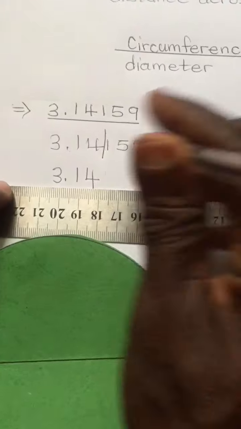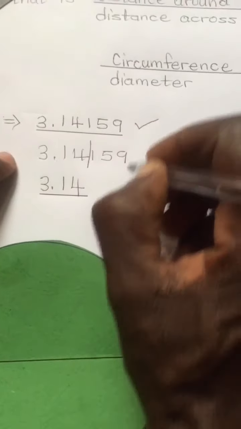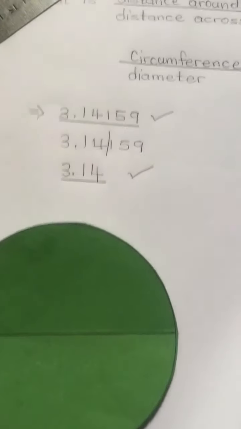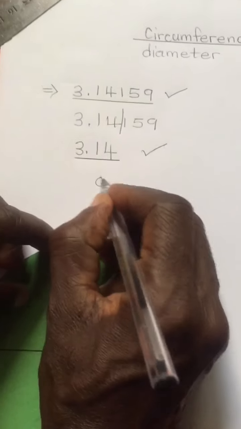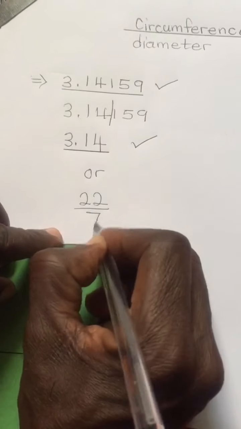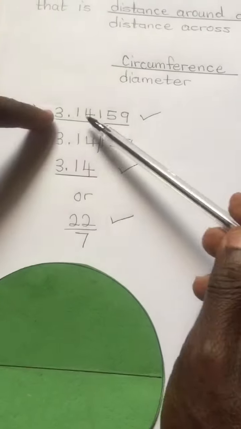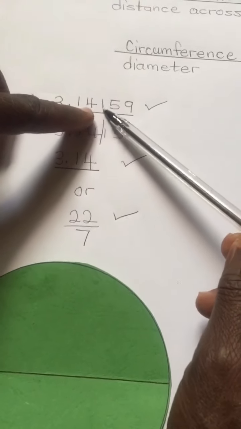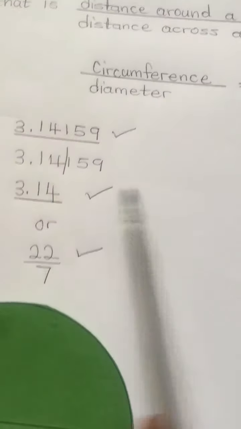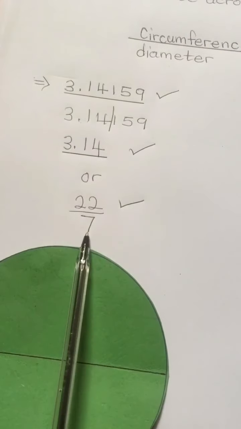That's what it means. As a fraction as well, this can be changed. We can even say pi is 22/7. So every time we talk about pi in circumference, it's either 3.14159 or 3.14 or 22/7.